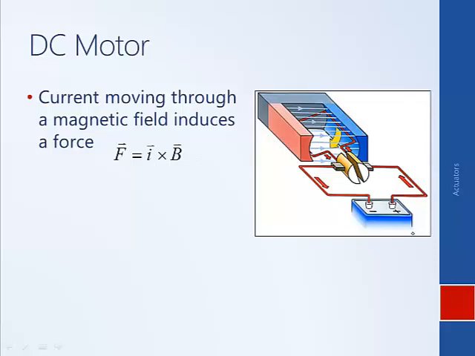Over here we have a simplified diagram of a DC motor, and you can get a sense of how it works. There's a circuit that's attached to a voltage source, a battery, or whatever. It's a DC motor, so it's a DC source. DC stands for direct current, so the current always flows in the same direction with a constant voltage.